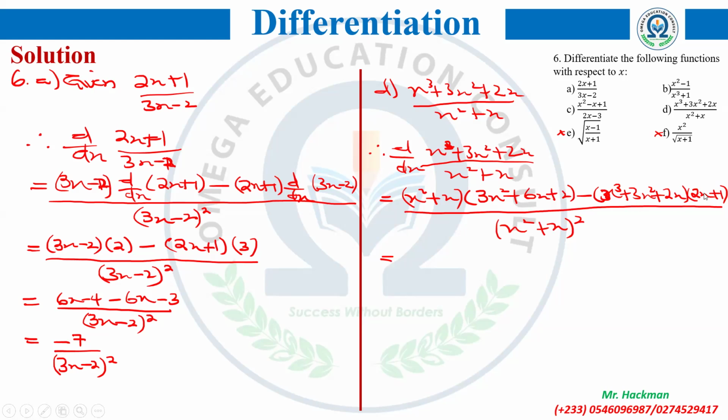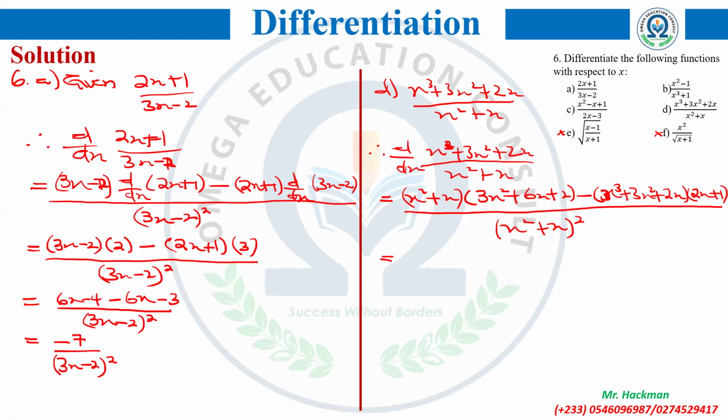Then 2x will multiply all the negative terms here, provided you push the negative inside, and the 1 will multiply all the negative terms here. Or if you like, you can keep this one positive and multiply the negative by this, so negative 2x minus 1. In that case, minus 2x will multiply all that you have there, and minus 1 will multiply. You end up getting the same result.